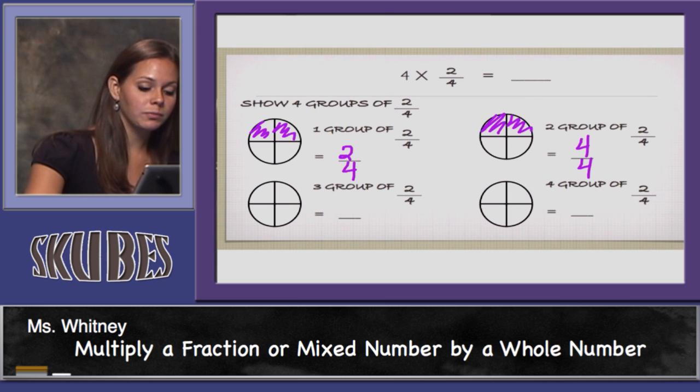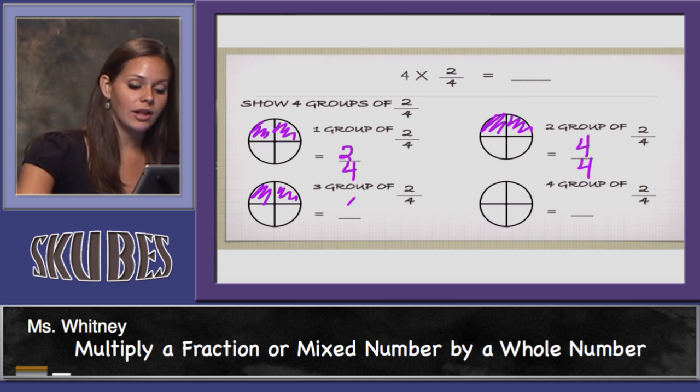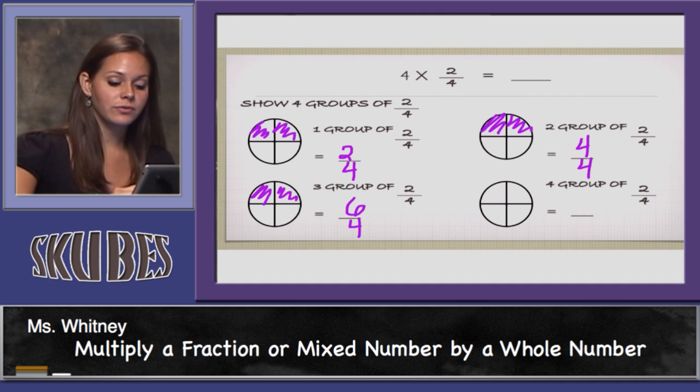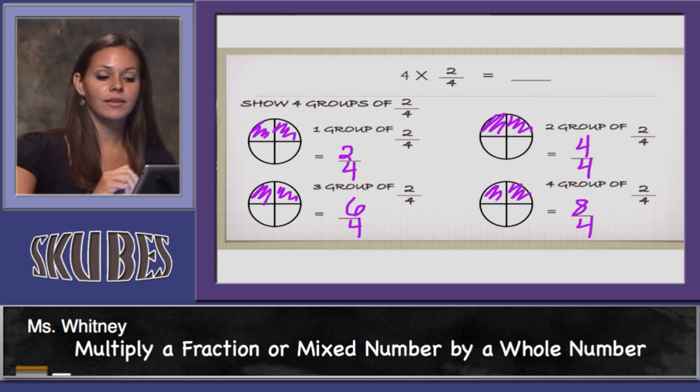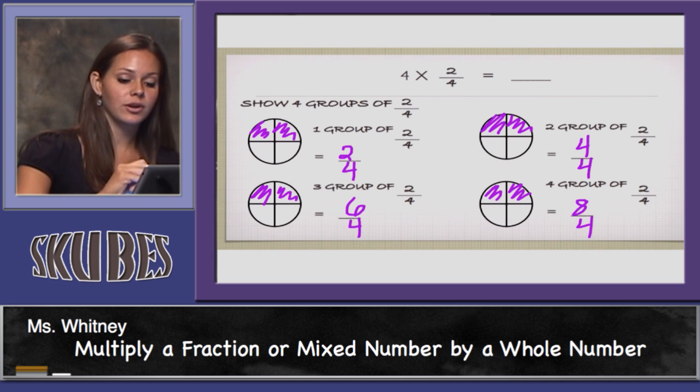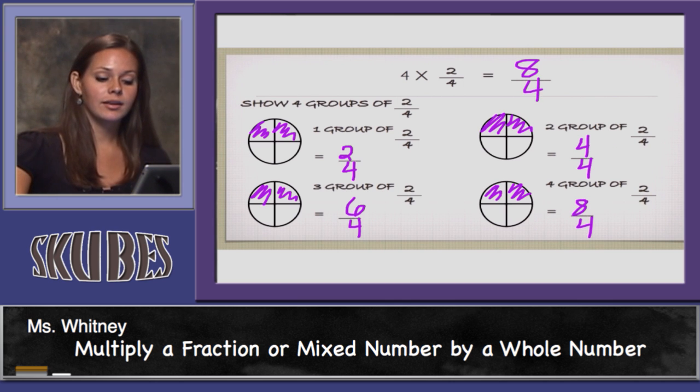Our third group of 2/4, which gives us a total of 6/4. And our fourth group of 2/4, which gives us a total of 8/4. So 4 times 2/4 equals 8/4.